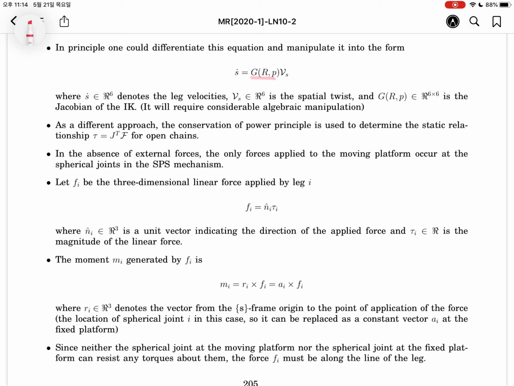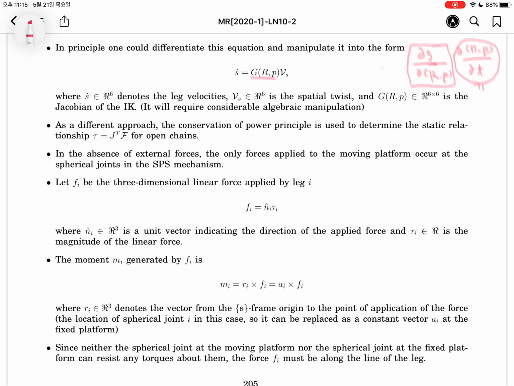Maybe the partial of G with respect to R and p, and then the partial of R and p with respect to the homogeneous transform T. So it will be the twist here. So this is the Jacobian.